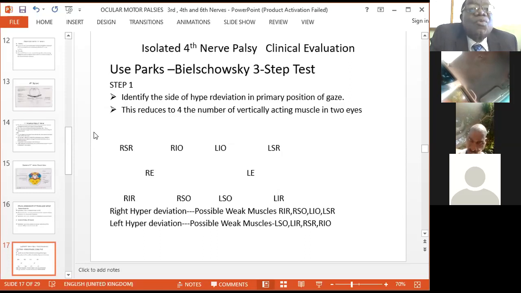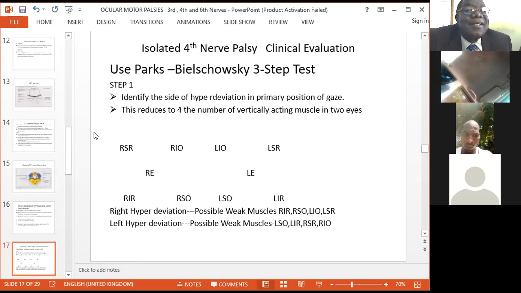Next, this reduces to four the number of vertically acting muscles in two eyes. Right hyperdeviation, possible weak muscles are the right inferior rectus, right superior oblique, left inferior oblique, and left superior rectus.